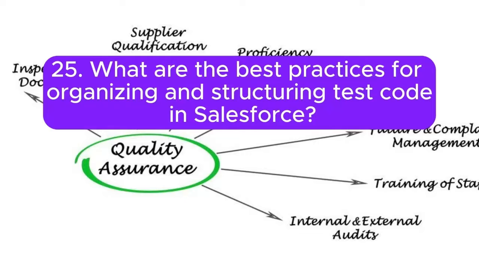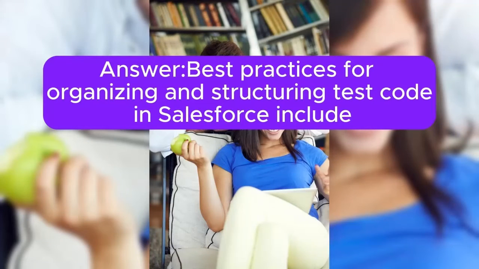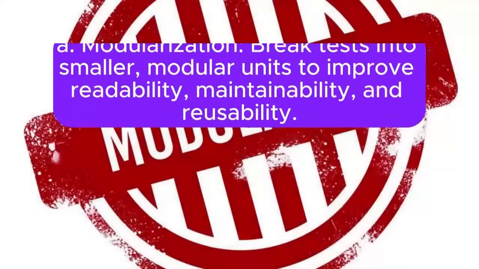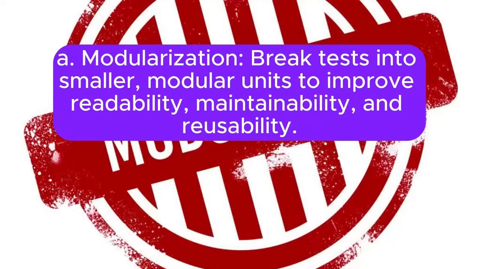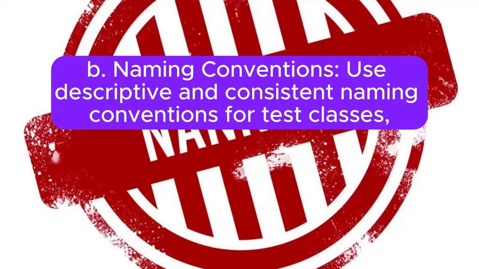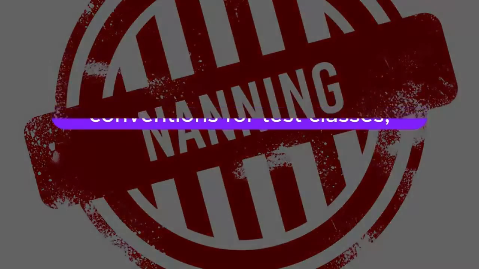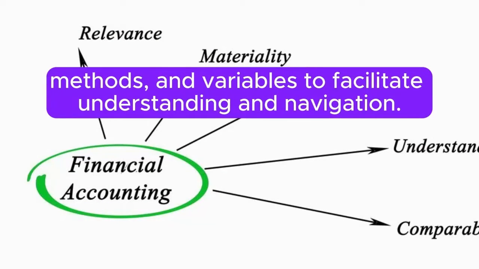25. What are the best practices for organizing and structuring test code in Salesforce? Answer: Best practices include: A. Modularization. Break tests into smaller, modular units to improve readability, maintainability, and reusability. B. Naming conventions. Use descriptive and consistent naming conventions for test classes, methods, and variables to facilitate understanding and navigation.